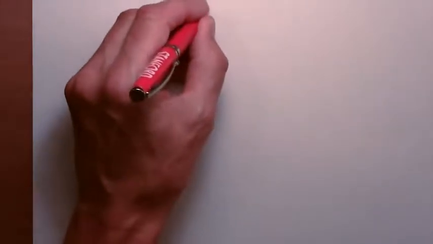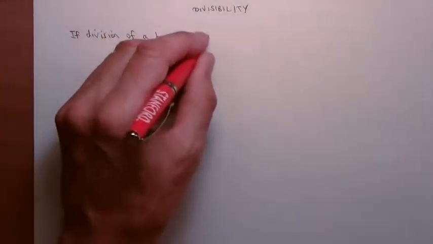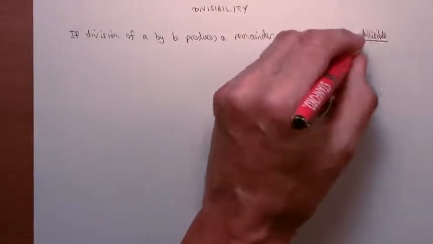Well, now that we have the division theorem available, we can look at the important mathematical property of divisibility. If division of a by b produces a remainder r equal to 0, we say a is divisible by b.